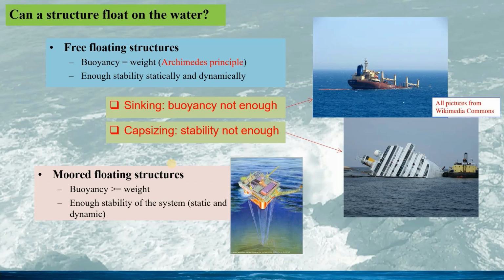In some special cases, for instance, for moored floating structures, buoyancy might be larger than the weight of the structure, such as in tension leg platforms. And for the floating structure, the system stability must be enough to keep the structure in the upright position.